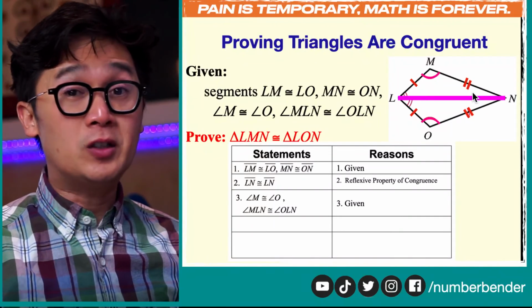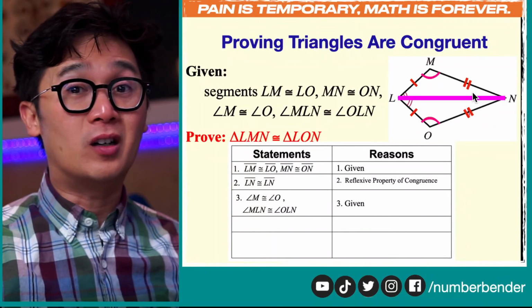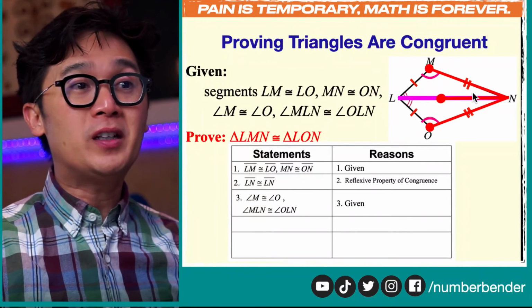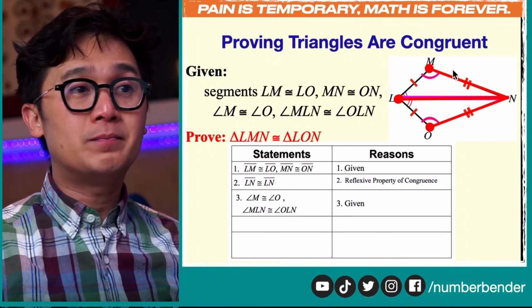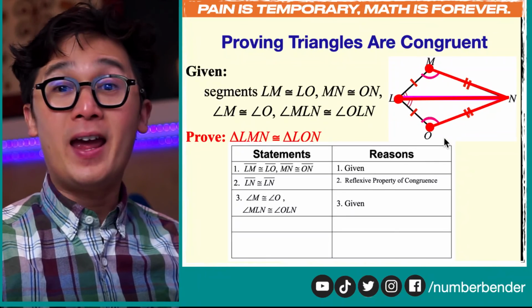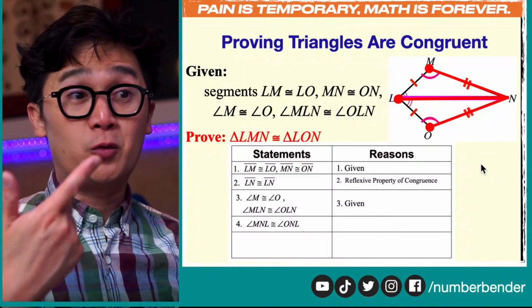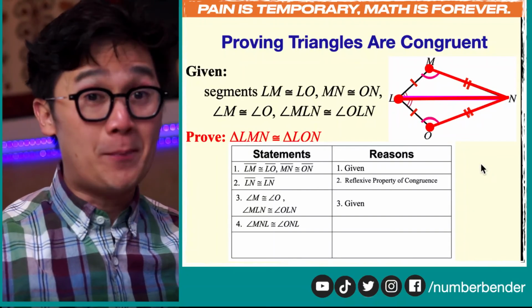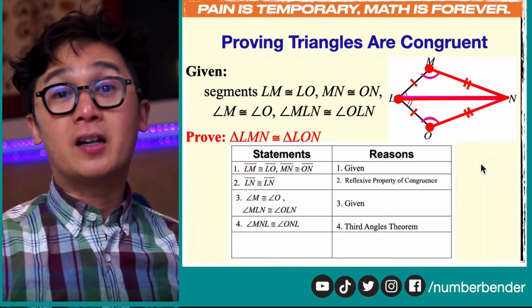Your guess is as good as mine, because this is the third angle that is left in our triangle. So by doing so, we can establish that angle MNL is congruent to ONL, and we are able to write that down, not because we are seeing the symbols in our figure, but because of the third angles theorem.